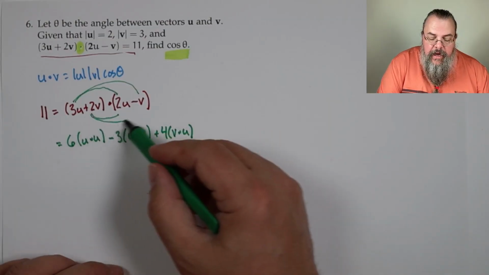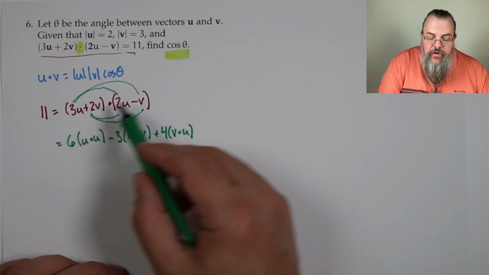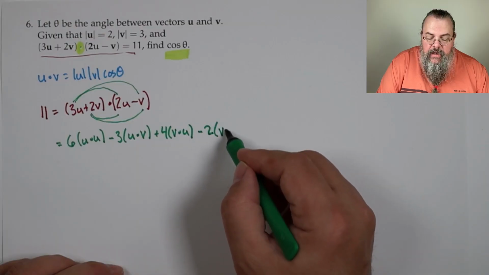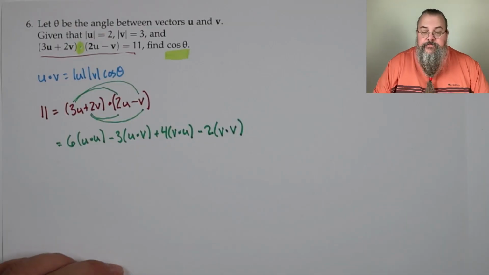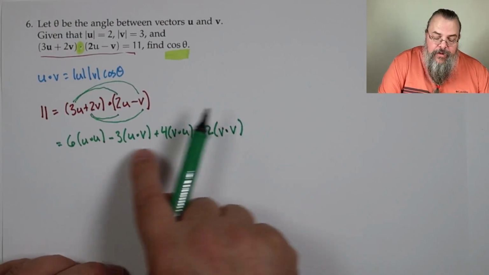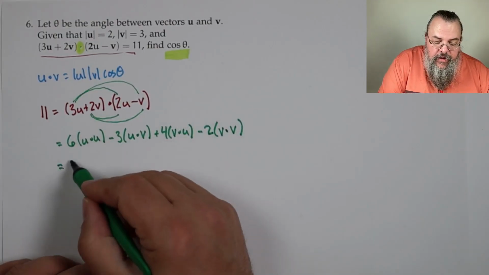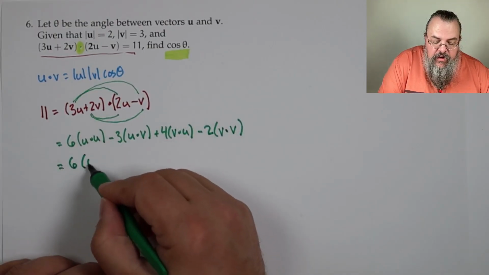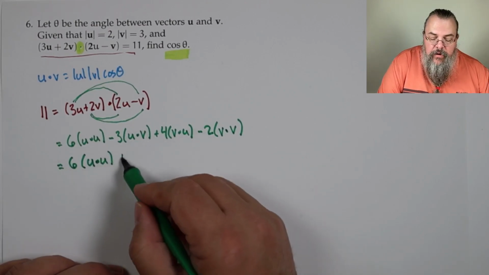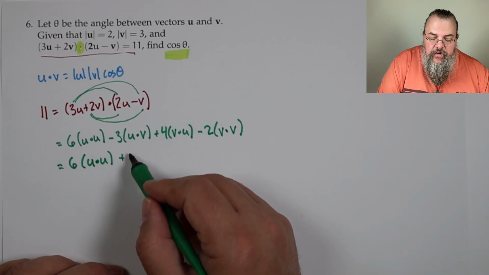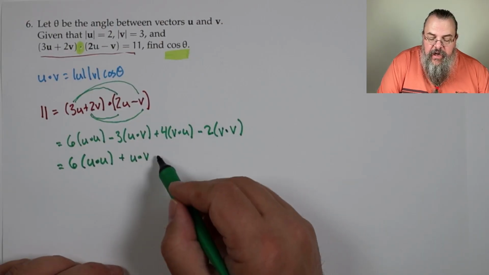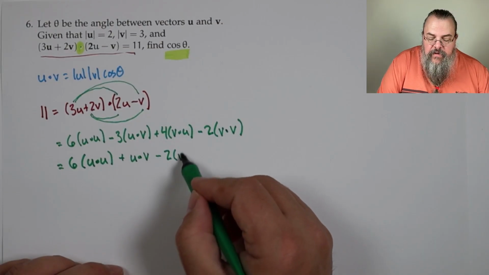And our last, 2 and minus 1, that makes a minus 2, and we have v dot v. Now, v dot u and u dot v are the same thing, so we'll put those together. I'll write this as 6 u dot u, minus 3 plus 4 makes a total of 1, so plus u dot v, and then minus 2 v dot v.